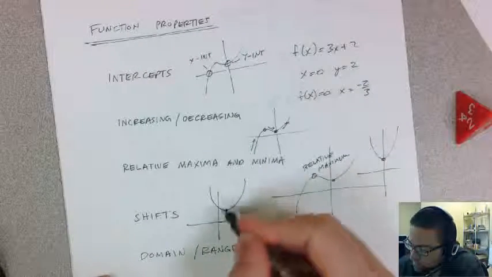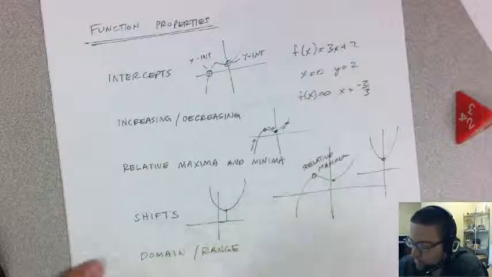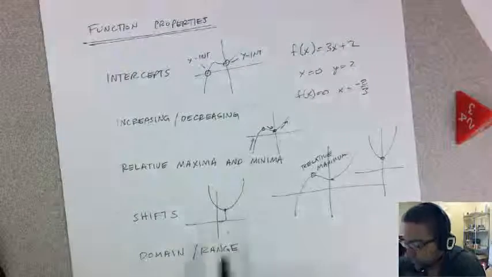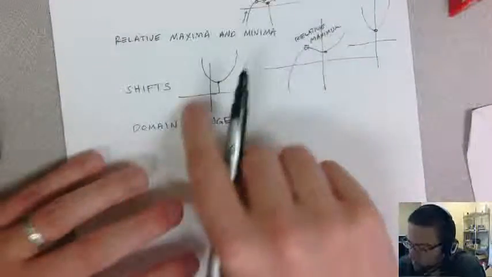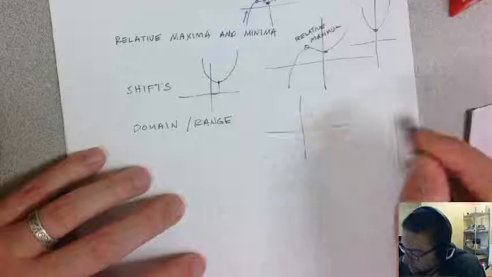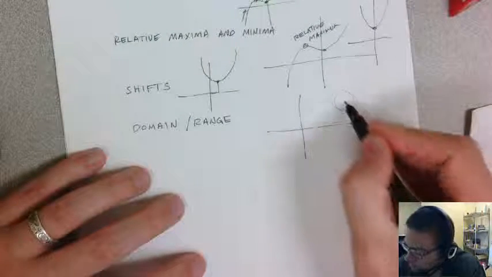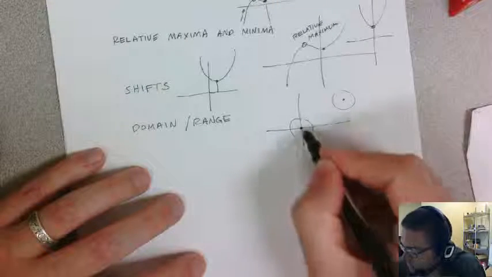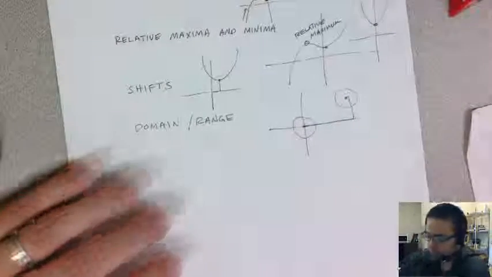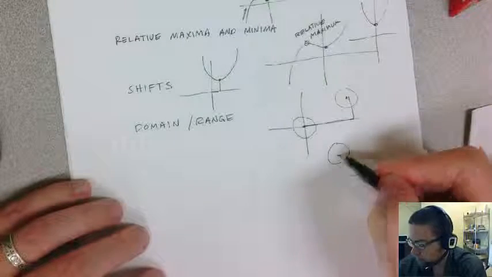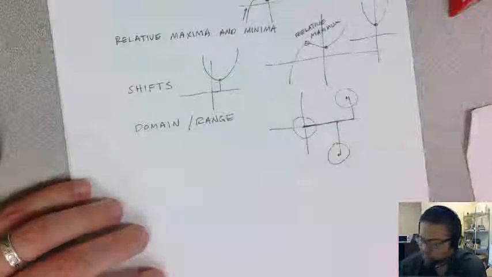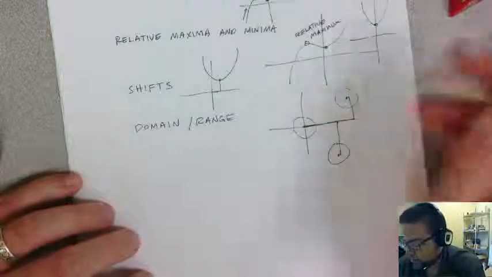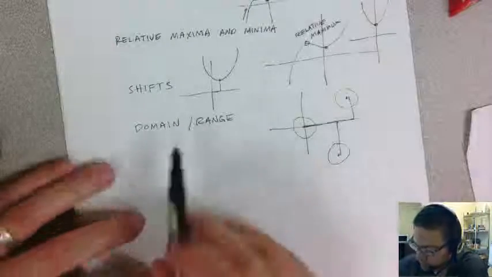So we're going to talk about shifts a little bit more in detail and how we see them in the equations in the next video. But just recognizing that, oh yeah, it is shifted over, or if you had a circle you'd say the center is shifted this way and that way, right? Or it could be shifted down, for example. Okay, and this is not a function, by the way, it's just an example of shifting.